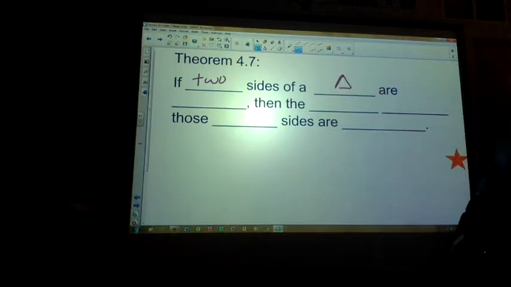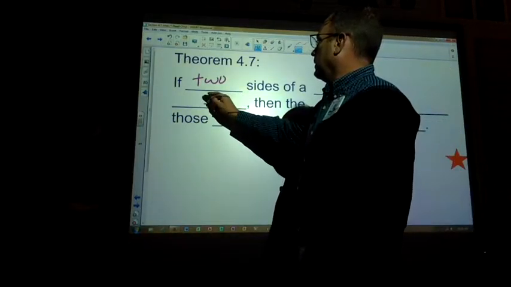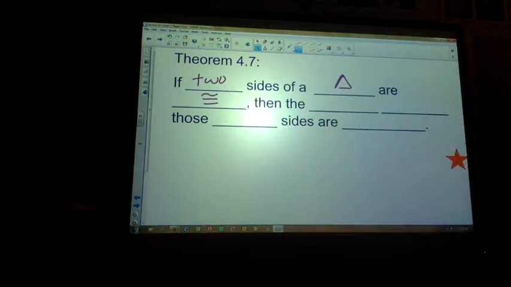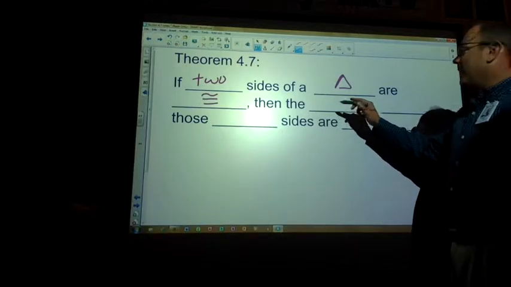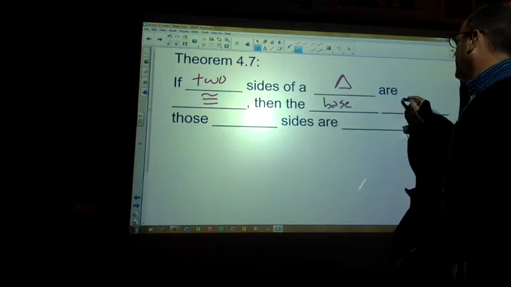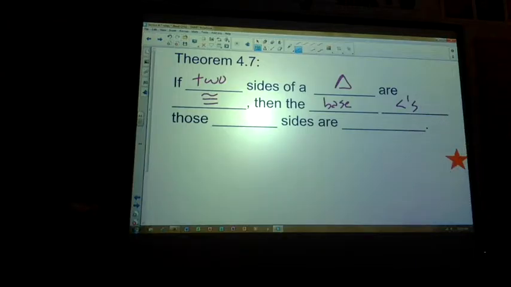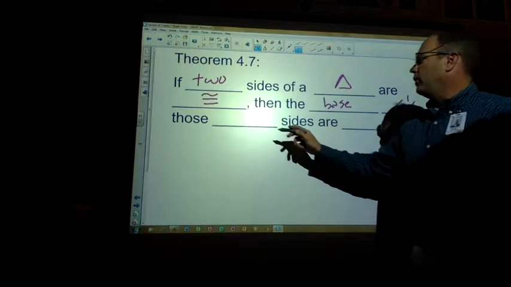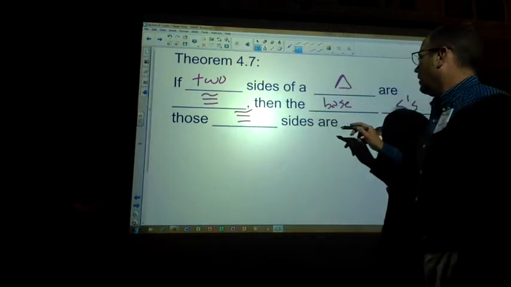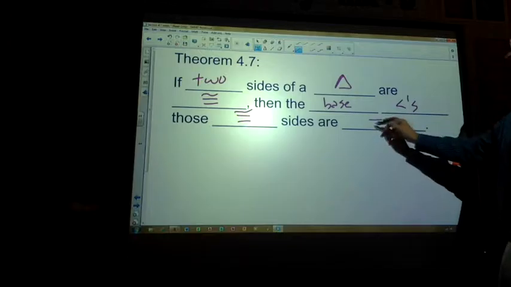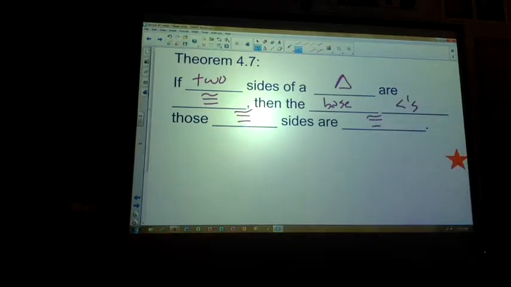I'd say that should be if 2 sides of a triangle are congruent, then the base angles of those congruent sides are congruent.